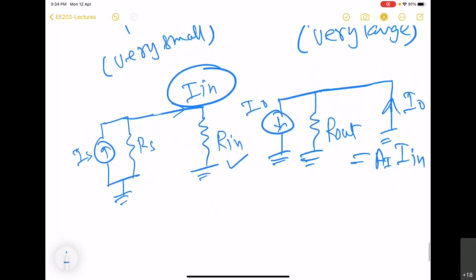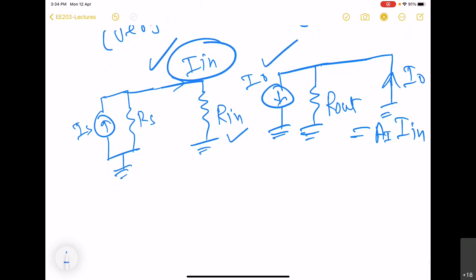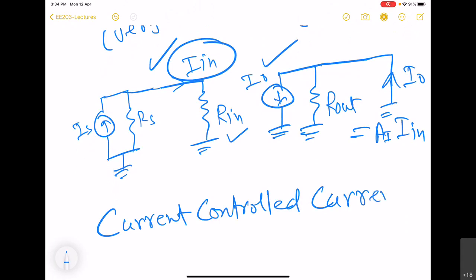So here we see that we have current sensing on the input side, and a current source on the output side. So this amplifier is called a current controlled current source.